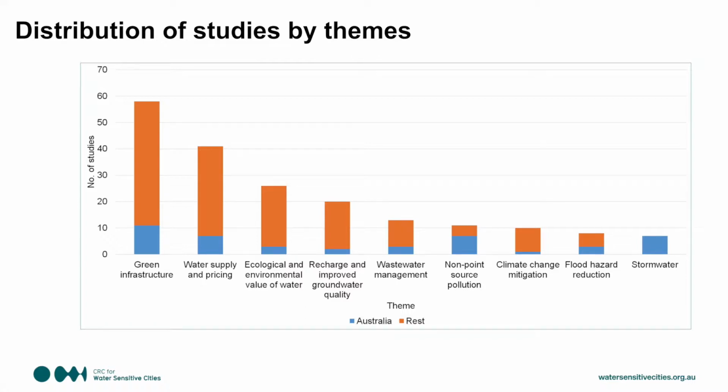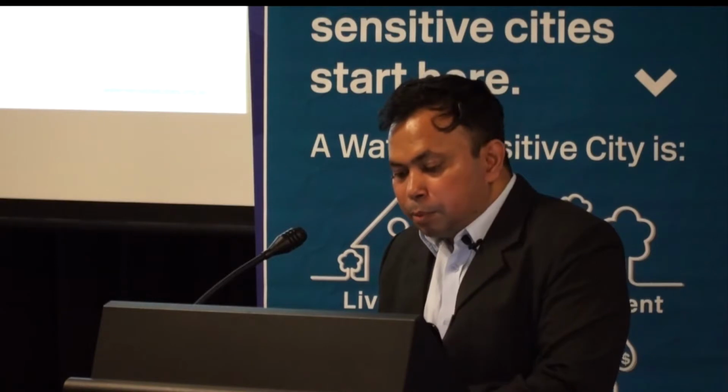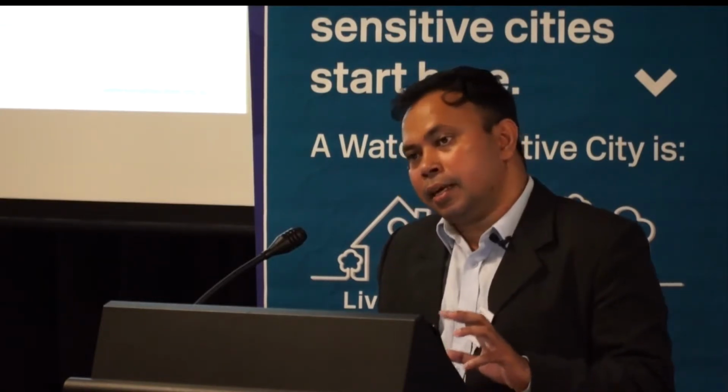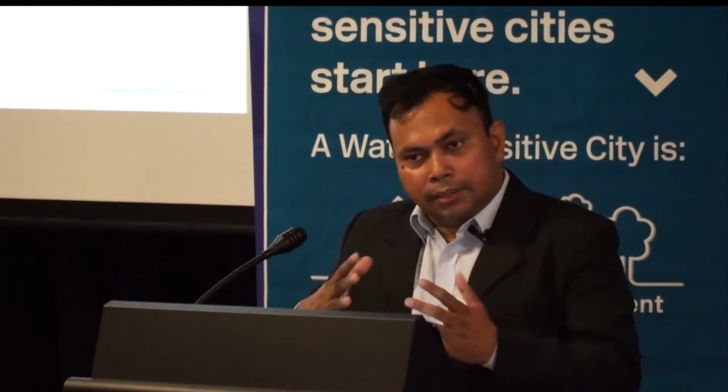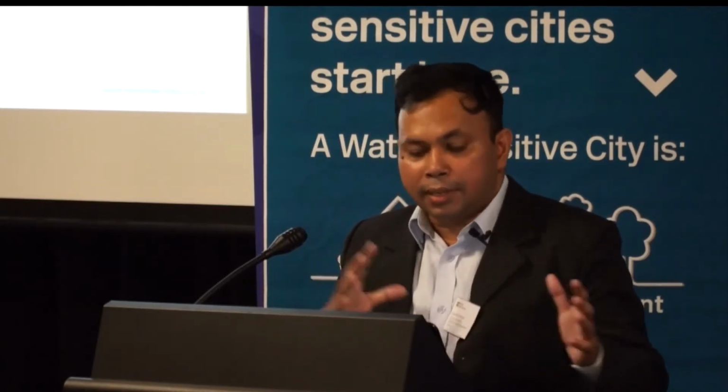In terms of international knowledge, based on the review report, we have most information on green infrastructure, followed by water supply and pricing, and then ecological and environmental value of water. In some cases there is quite a disproportionate number of Australian studies, because we were trying to find specifically Australian studies for those themes. But anyway, the focus of this valuation tool is application in the Australian context.